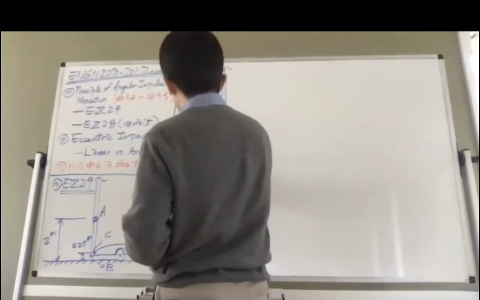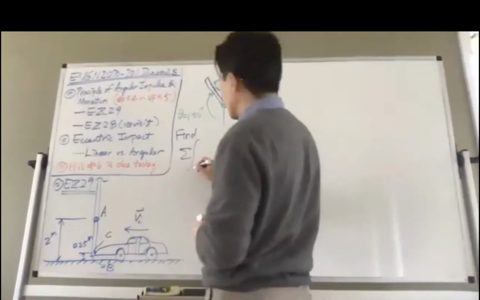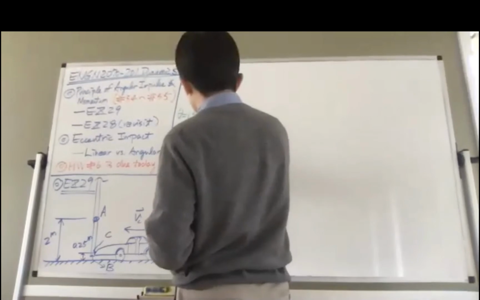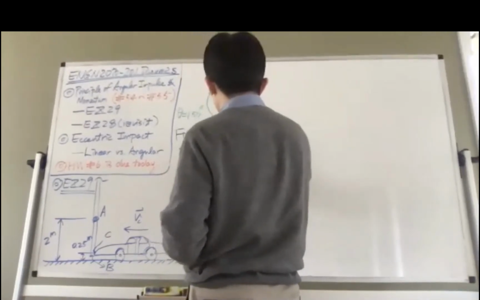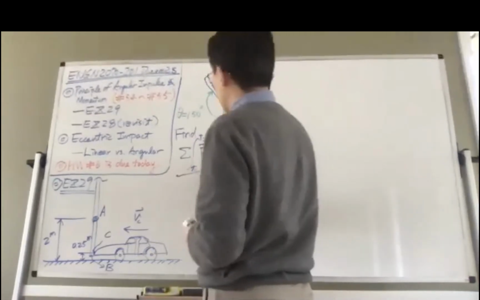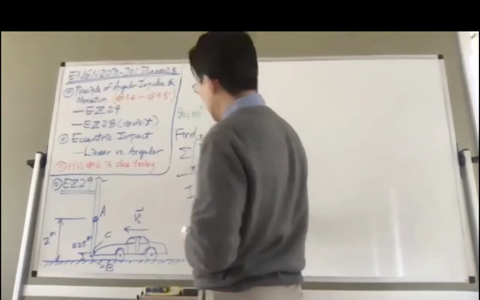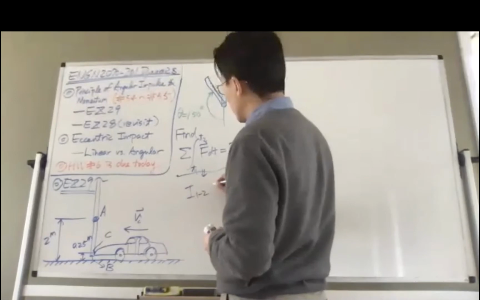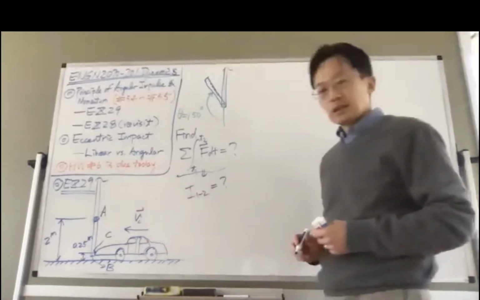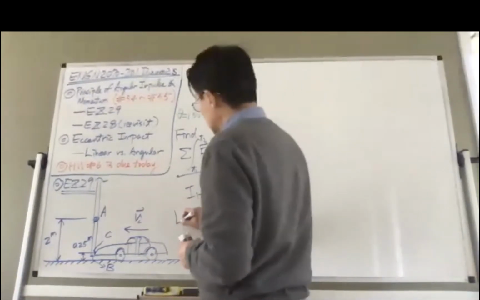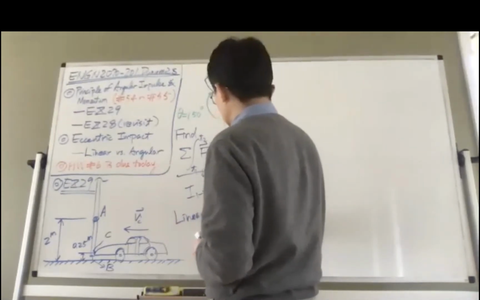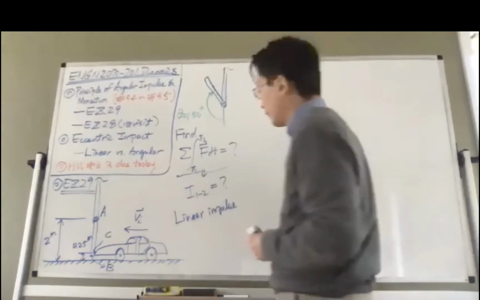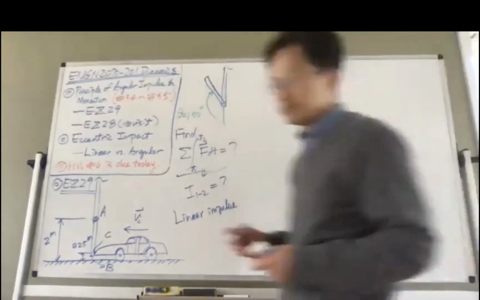We want to find out what is the linear impulse, which is this. Linear impulse is defined as the integral from t1 to t2 of force dt. We want to know what is this term. And of course, you can write it as capital I from 1 to 2. Find out the linear impulse of this problem.